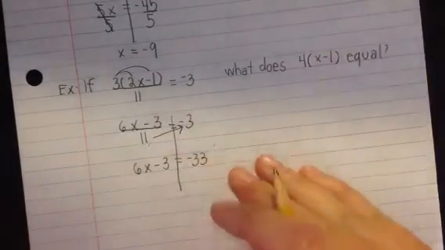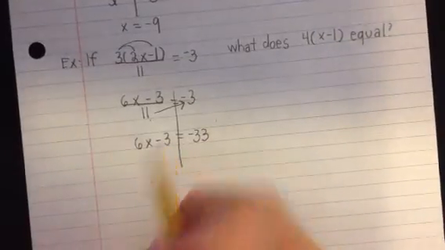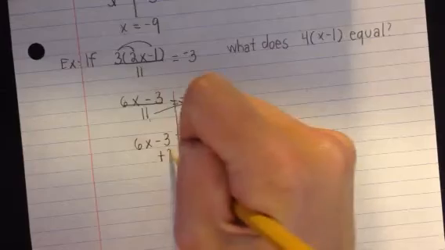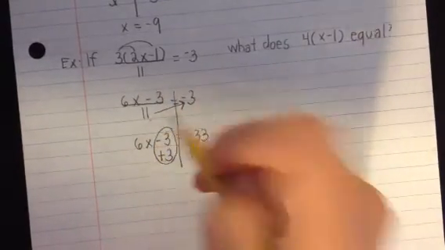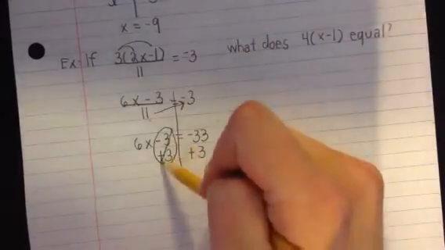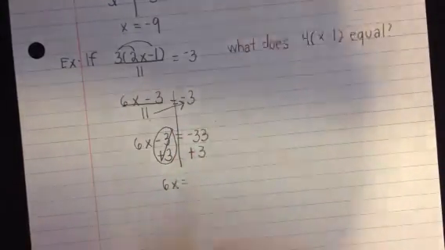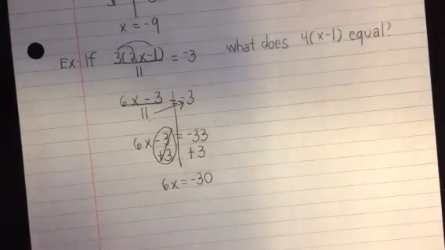Now that it's single line, nice, straight, neat, we've got x first, number second, we can go ahead and solve. So to get rid of this -3, we're going to add 3, both sides. -3 and +3 create a 0 pair, they cancel. Then we have 6x equals -33 plus 3 is -30.